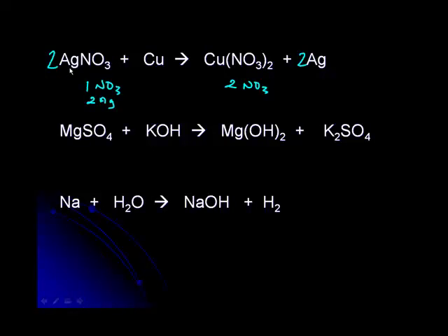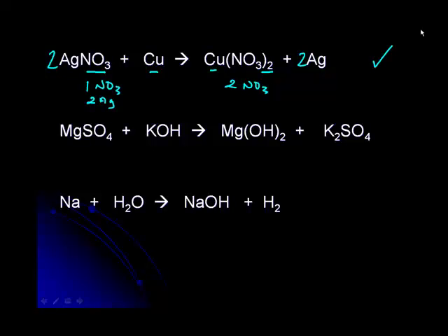I've got 2 Ags on the left. I now have 2 Ags on the right. I have 2 of the NO3 groups on the left. I've got 2 of the NO3 groups on the right. And then I've got 1 copper on the left, 1 copper on the right, and I'm good. Okay, so always check one last time, especially when you're balancing by inspection.